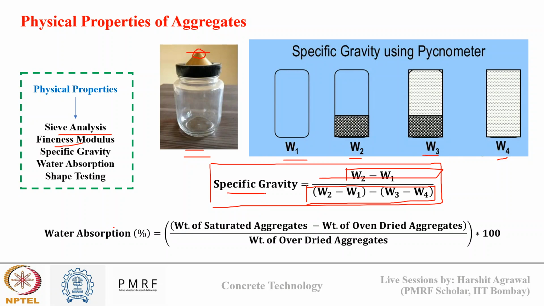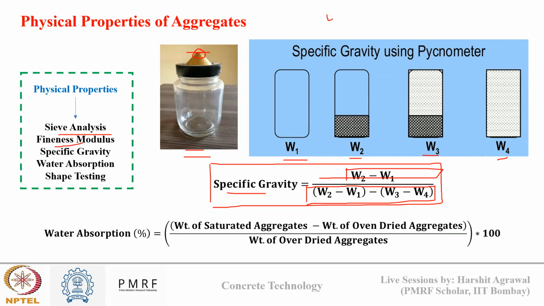Then from that water, some water the aggregates will absorb, and your effective water to cement ratio will become less than 0.4. It may come down to 0.36 or 0.38 or something. This change in W by C ratio can significantly affect the mechanical and durability properties of concrete later. So it is important to determine the water absorption of aggregate so that you can apply the correction.